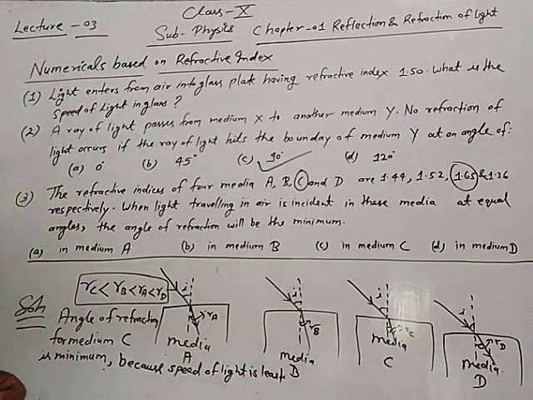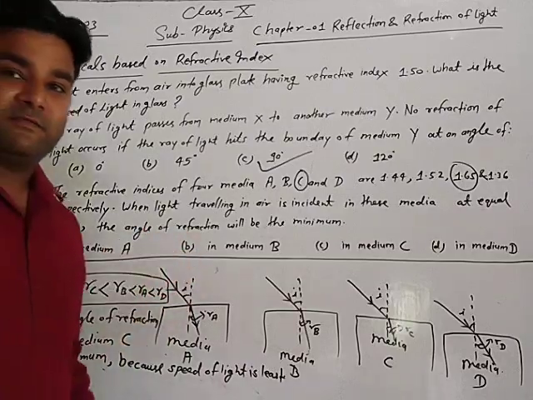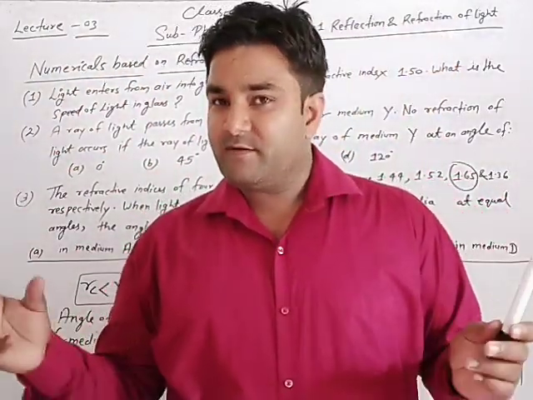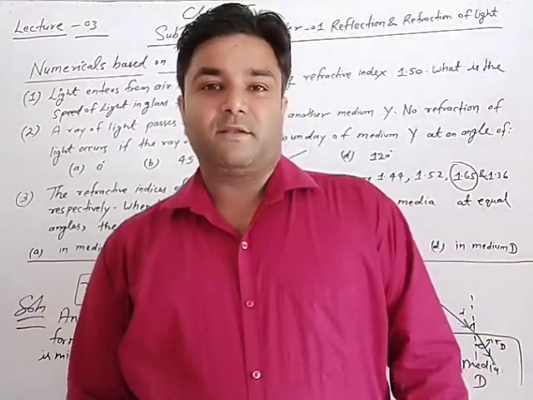Why least? Because the refractive index is greater, and as we discussed earlier, whenever the refractive index is greater, the speed of light will be smaller.